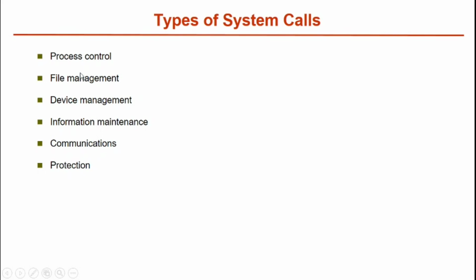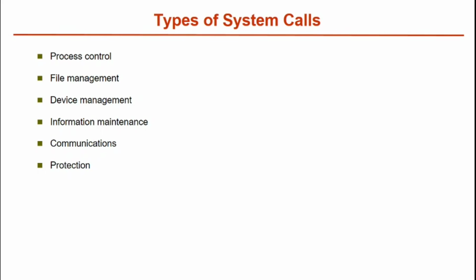System calls are actually grouped into 5 major categories, whereas protection is usually not recognized as a system call. By default it will be there in all types of operating systems. Protection is not considered as a system call.